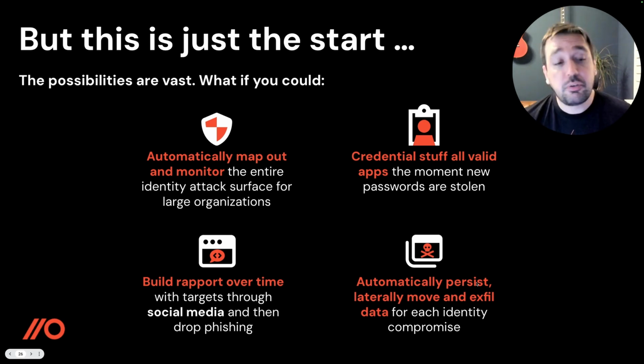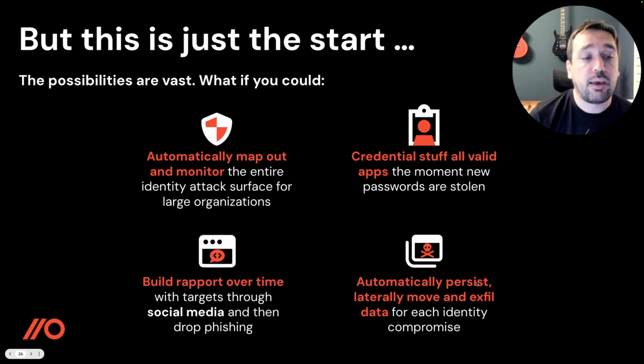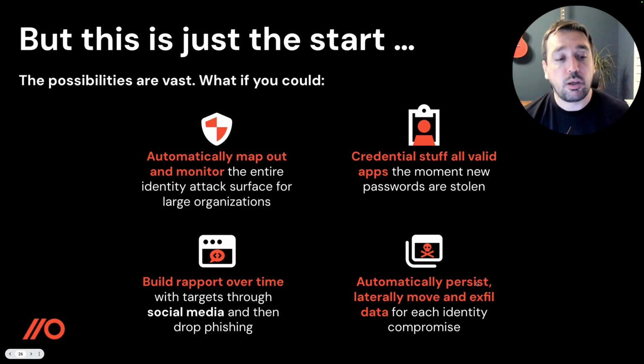And then as soon as you start identifying compromised accounts, you can automatically persist on them and then start laterally moving, or at least notify back where accounts have sensitive data or lateral movement capabilities, so that the attacker can then decide what to do.